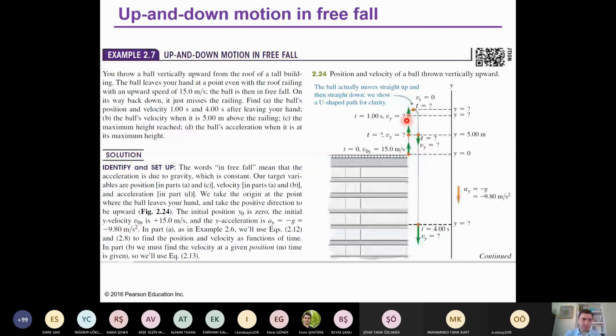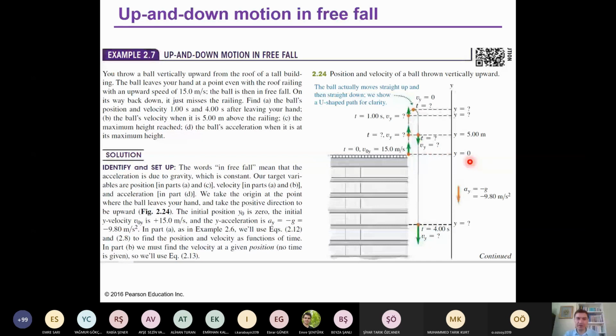Okay, now let's draw the motion diagram. This is the ground, okay? I choose the positive y direction upward, and the negative y direction downward. And I choose the roof level as 0, the origin, where y is 0. And what are the questions?